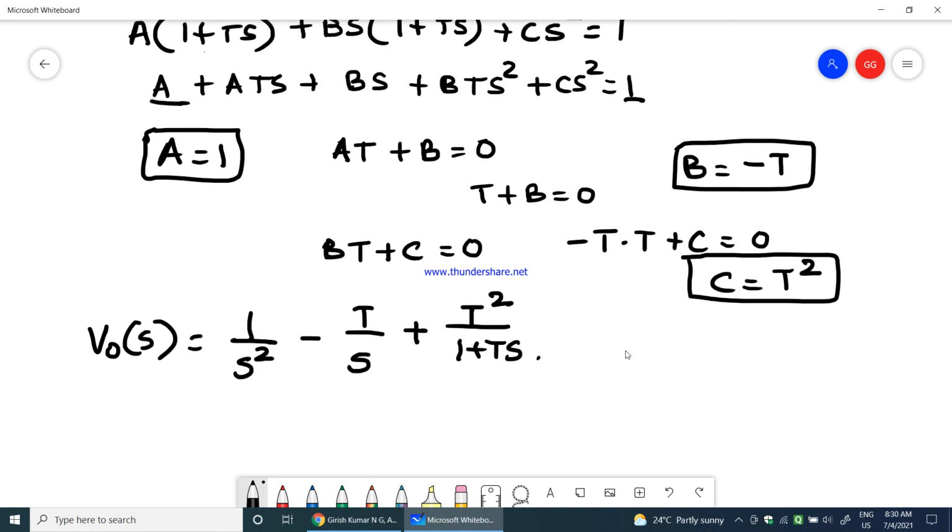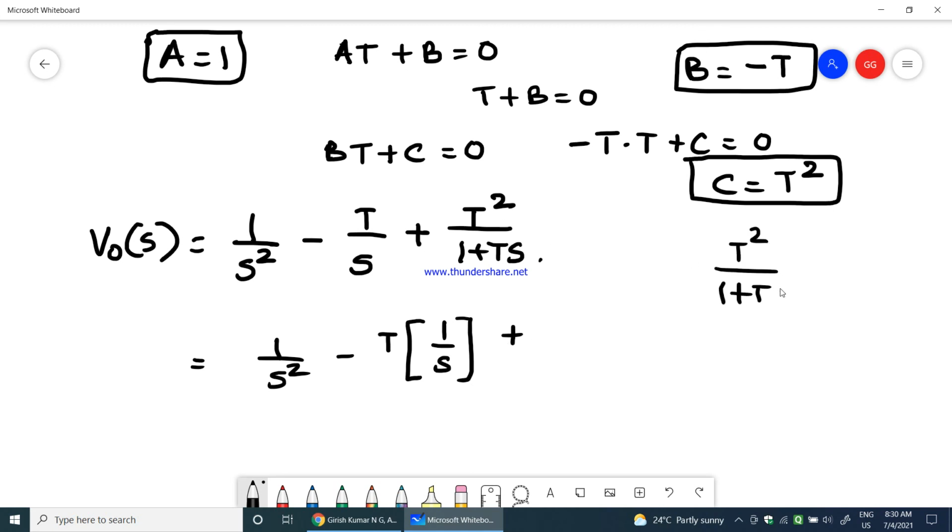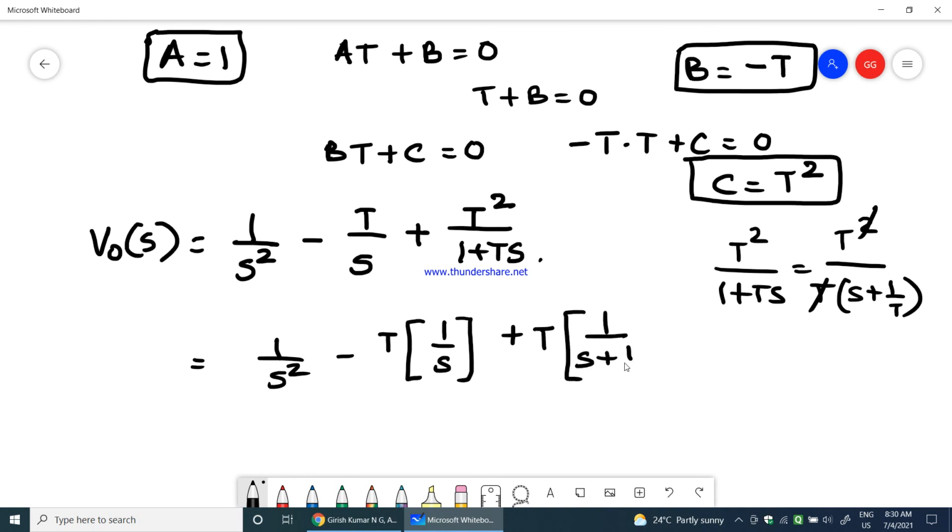So this would be equal to 1 over s square minus t into 1 over s plus t square by 1 plus ts. Taking t common, I'll get t square divided by t into s plus 1 over t. So t gets cancelled, and I'll be getting t into 1 over s plus 1 over t.